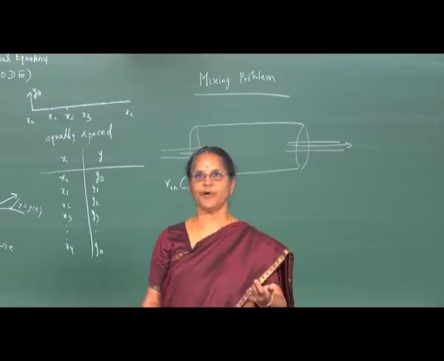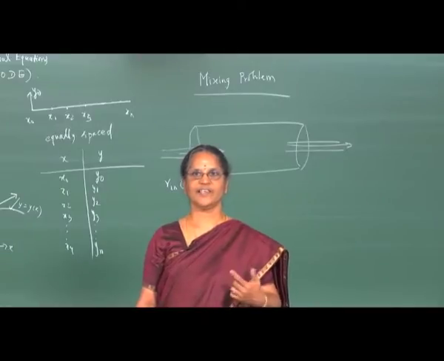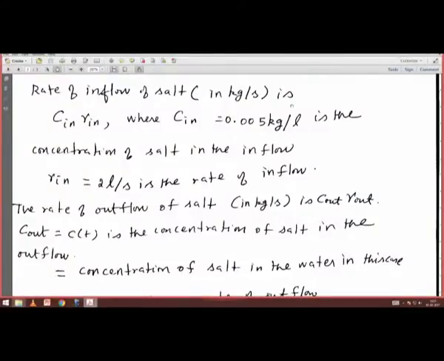It is given to be 0.005 kilograms per liter. That is the concentration of salt in the inflow. The rate at which this solution is pumped in is also given, which is 2 liters per second. So, R in is the rate of inflow.